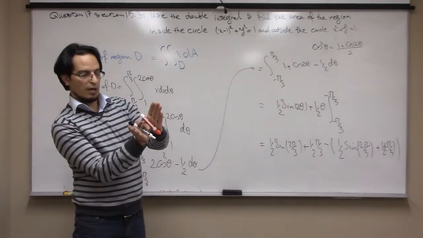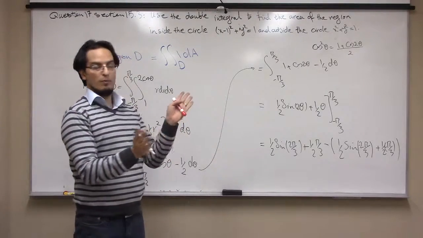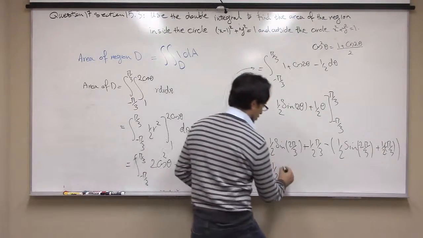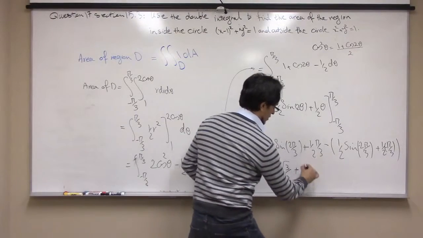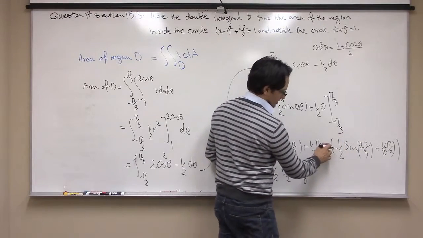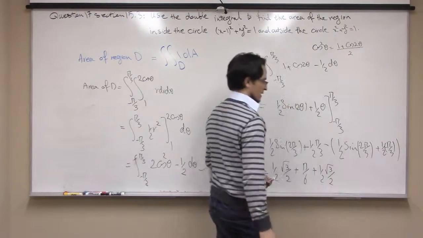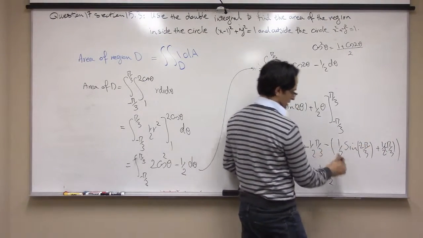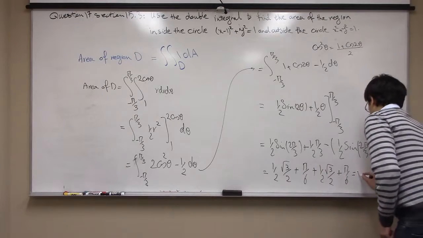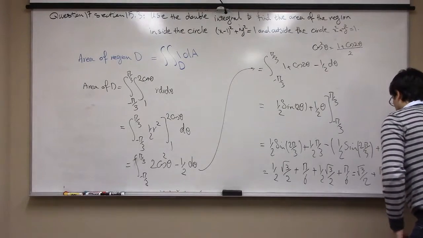The sine of 2 pi over 3 is root 3 over 2, so I have half times root 3 over 2 plus pi over 6 minus. This minus sign comes out, so I can multiply this minus in. I have half of root 3 over 2, and again this minus comes out, you multiply by that, you get plus pi over 6. You can now simplify these things. You get root 3 over 2 if I add these two, plus, if I add these two, you get pi over 3.